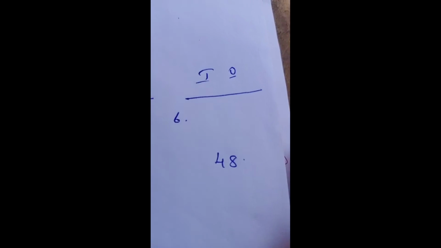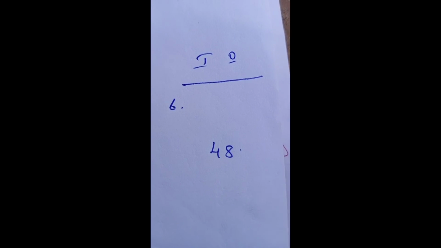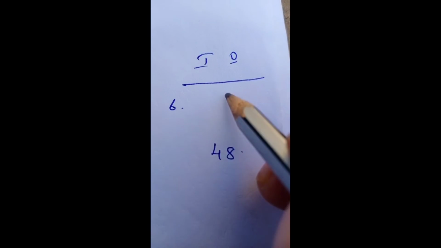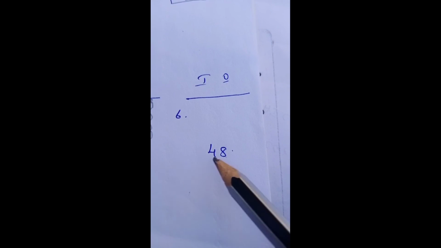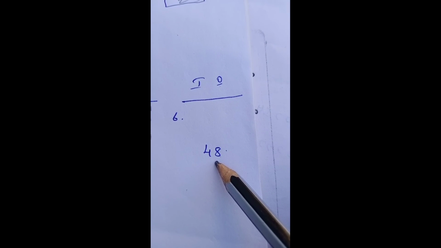Okay, this is the last problem for this video. What is the given number? 48. So 8 is at the ones place, 8 ones and 4 tens.